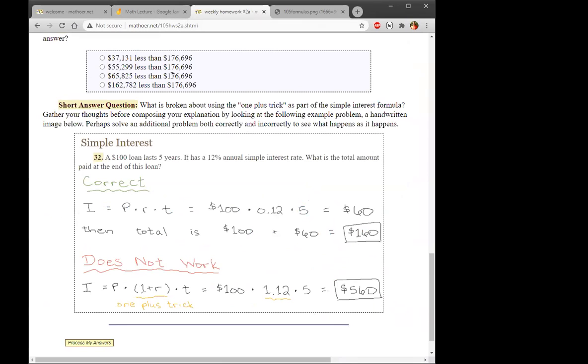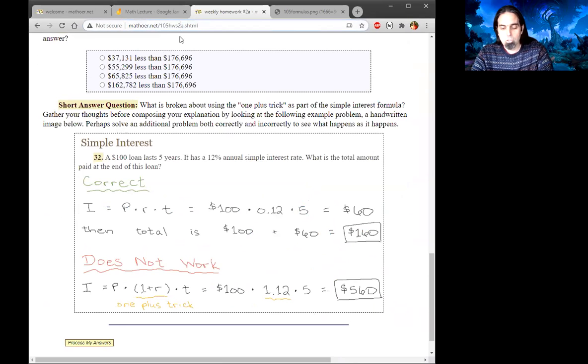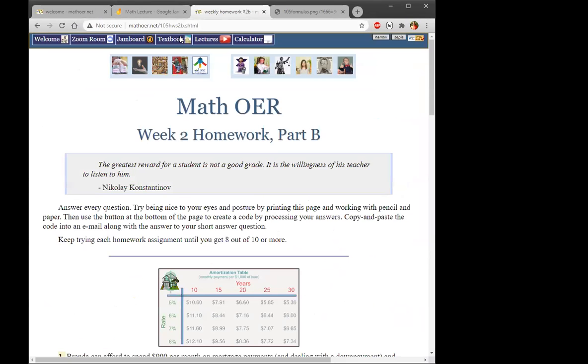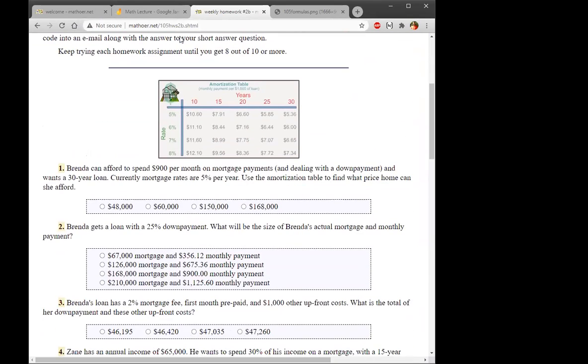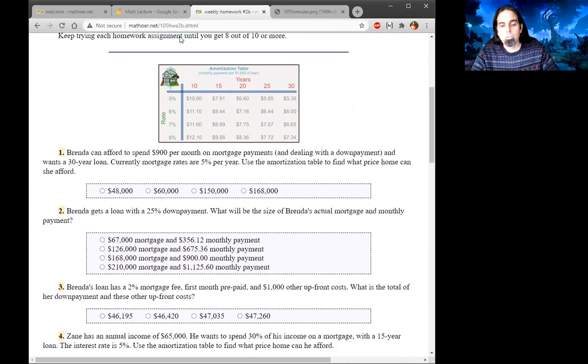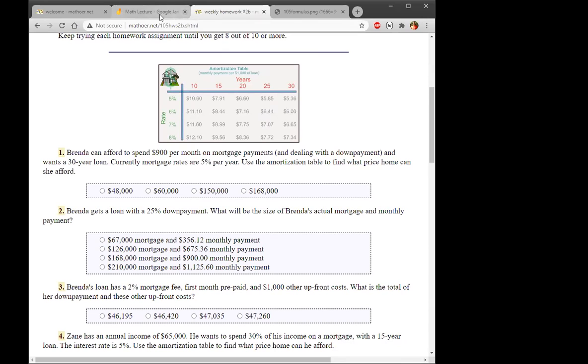I was wondering if we could work on the first couple problems from 2B. Sure, let me change. Should we just go through 1, 2, and 3, and then maybe the answer version of 3? Yeah, because I'm confused.